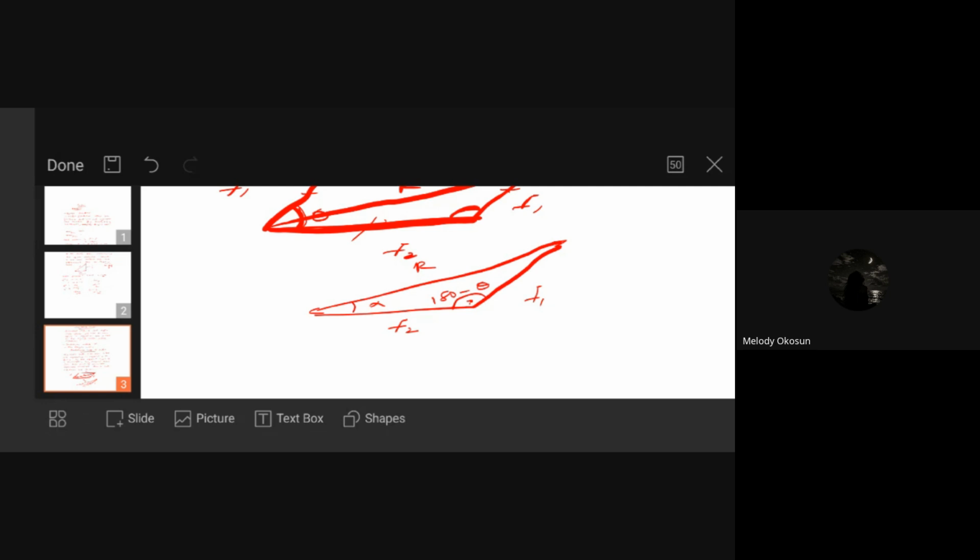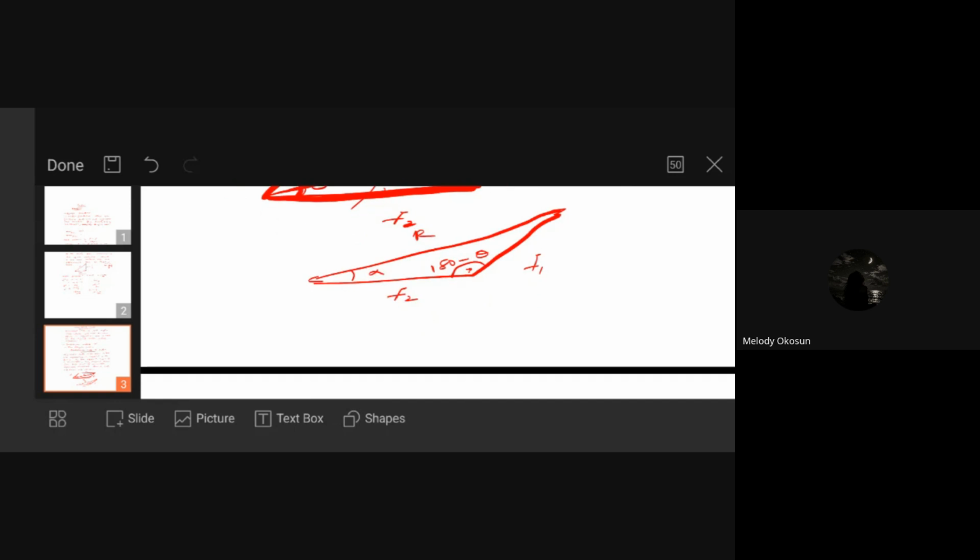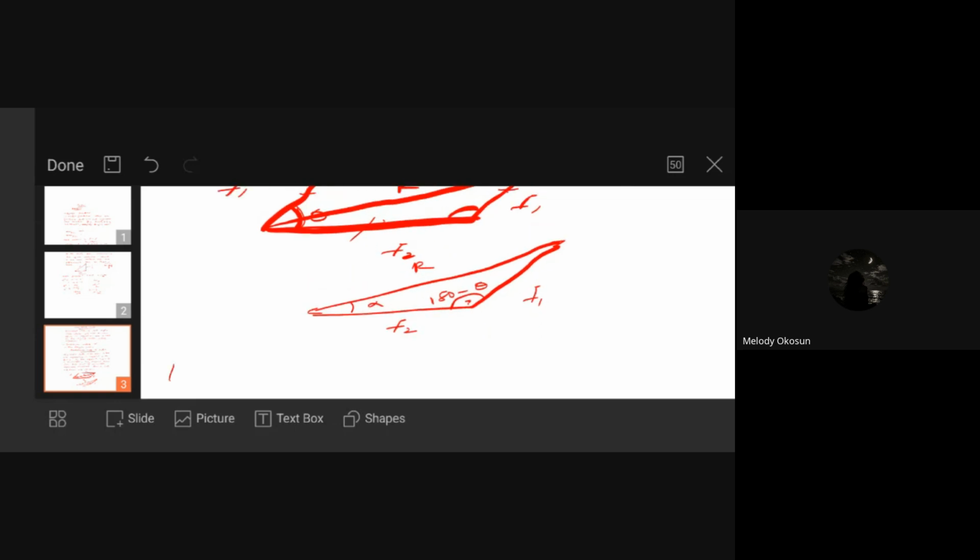That we can find r using the cosine rule, which says that r squared is equal to f2 squared plus f1 squared, this is a minus, not a plus.